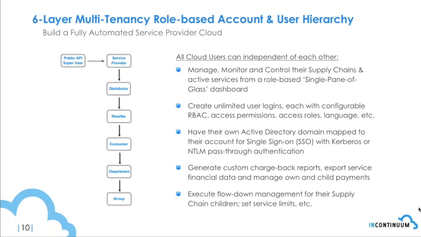Each of the account levels can have unlimited user logins, which are configurable with role-based access control, and it can even be customized in the type of access roles that are created and languages that are used. We currently support 9 languages. In a B2B cloud, these 6 layers might be independent companies who can each have their own Active Directory group mapped to their account for single sign-on and authentication.